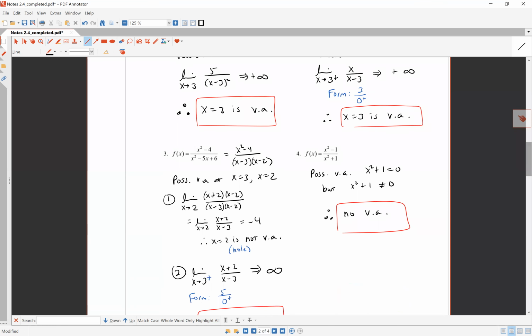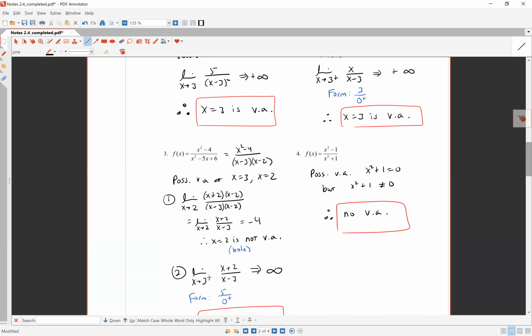Okay, so let's look at number 3 there. So you have x squared minus 4 over x squared minus 5x plus 6.